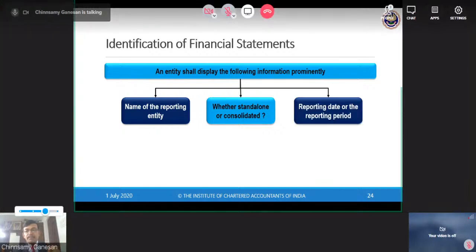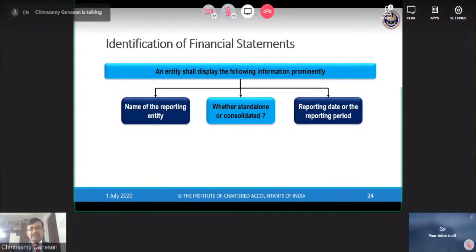And what is the reporting date or the reporting period? When I say reporting date, the balance sheet has the reporting date. For the statement of profit and loss, statement of changes in equity, statement of cash flows, it is for the reporting period, for the entire period. That's the reason why we use as at 31/3/2020 for the balance sheet, whereas for the year ended 31st March 2020, we use it for P&L, cash flow statement, statement of changes in equity, and of course for the notes and accounts also.